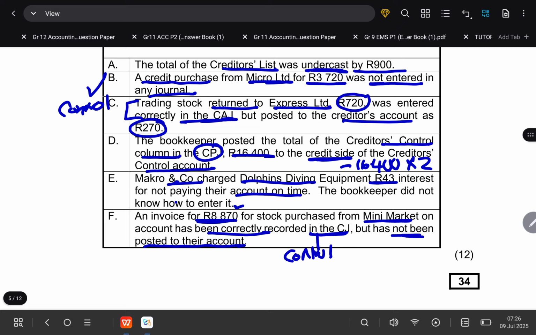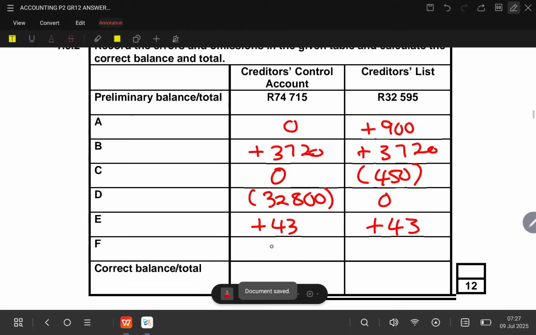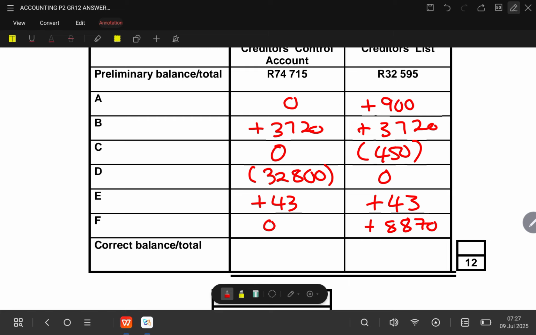So in other words, the recording was not done on the individual account of the creditor. So this is not reflected on the list, and they're talking about an invoice. So it means that 8,870 has got to be added in the list. So we'll say 0 here and say plus 8,870, and then from there we'll be done with our totals.